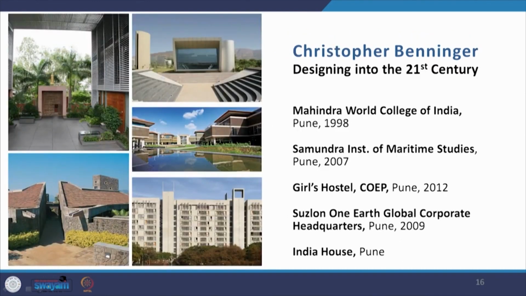His designing continued into the 21st century. We have the Mahindra World College of India in Pune in 1998. We have the Samudra Institute of Marine Studies in Pune in 2007. We have the Girls Hostel of KOEP in Pune in 2012. We have Suzlon in 2009 again in Pune, and India House in Pune.